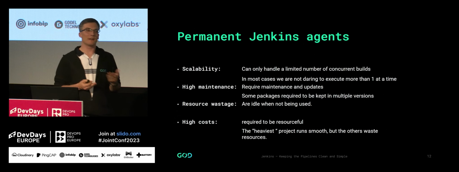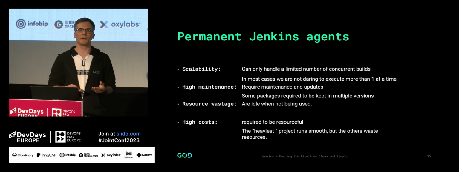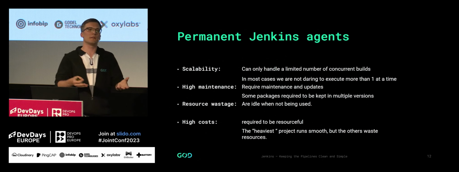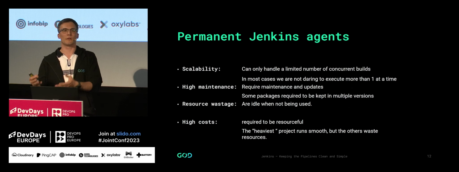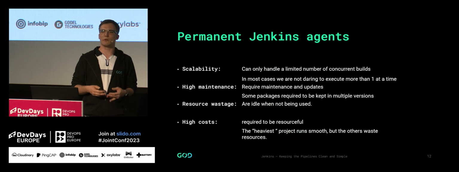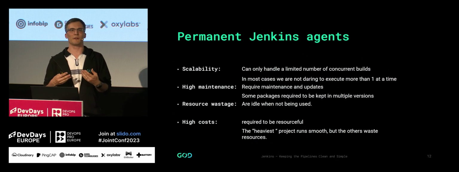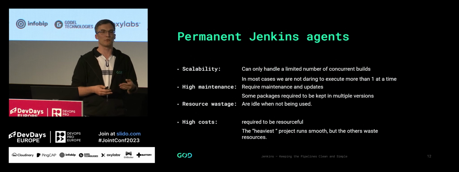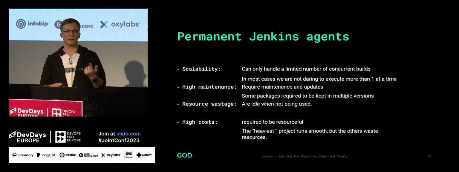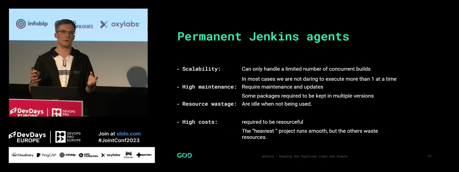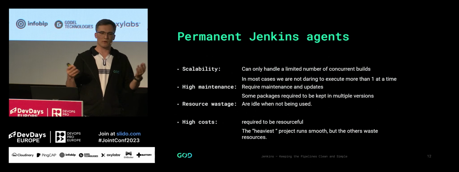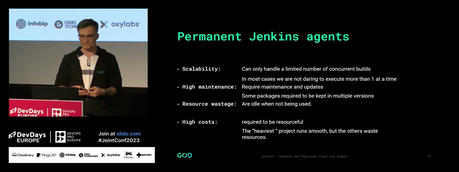So regarding scalability, usually, okay, in the end it's a physical machine, but if you are doing things right, you will have it on a VM, and usually you will not dare to let the Jenkins agent execute more than one job at the same time. So basically you have a whole virtual machine, and it works only when you need to execute some job.